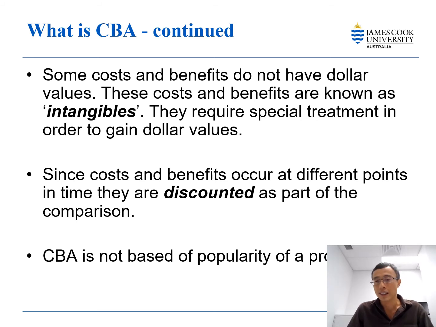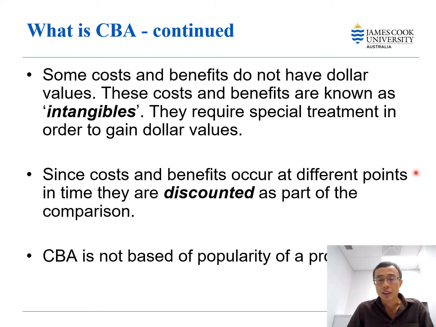An example would be building a park on top of Castle Hill. One item of benefit would be the views, and the health benefit to people who go to the park to exercise there. Certainly these items are intangible. We don't readily have a dollar value for them, so we need to use specific techniques to estimate a dollar value. We will talk about this in later subjects.